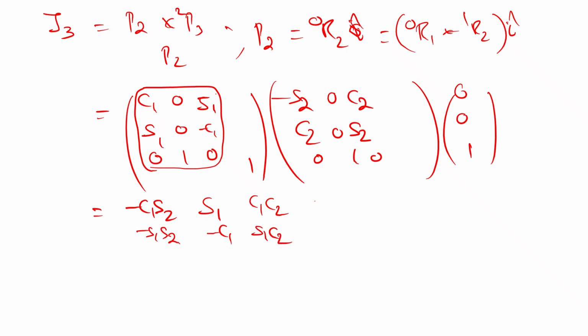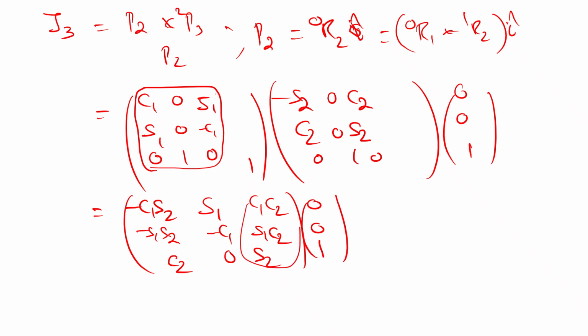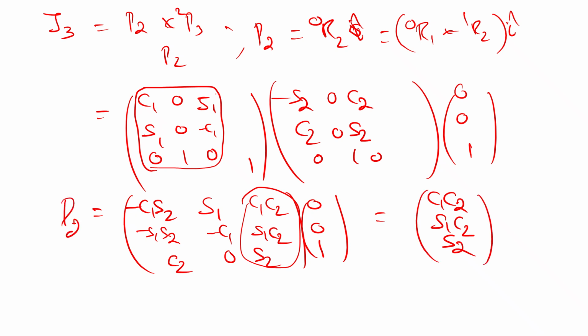So here we have C2, 0, S2. After this, you multiply this with 1. Whenever you multiply with this, this will be retained. So the answer is C1 C2, S1 C2, S2. So this is my position vector 2.